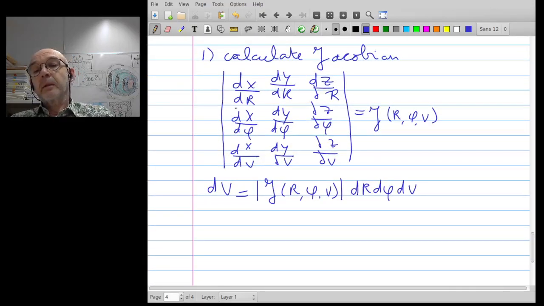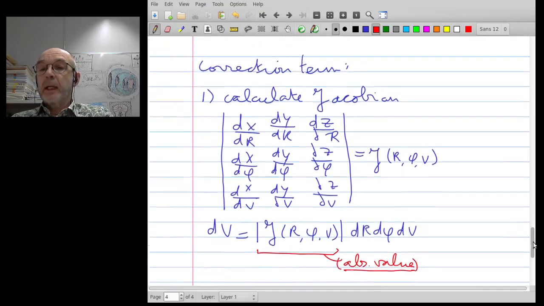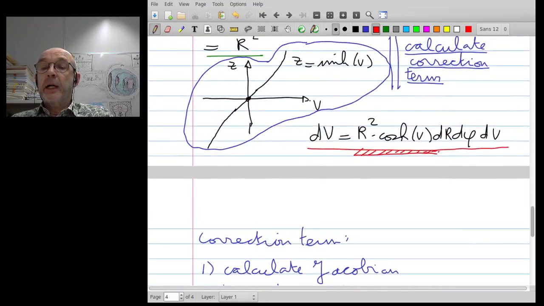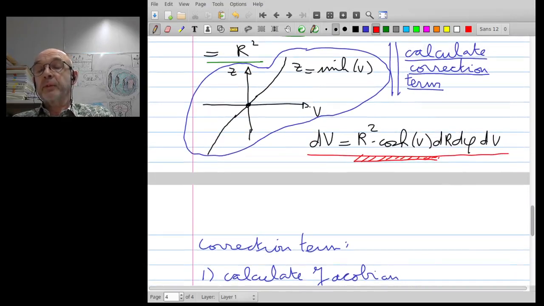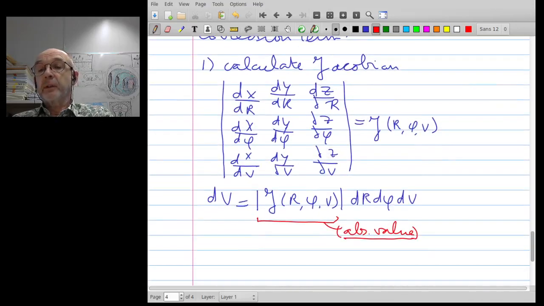And here be careful, absolute value. And in our case, the cosine hyperbolic is always positive, so we have no problems with that.